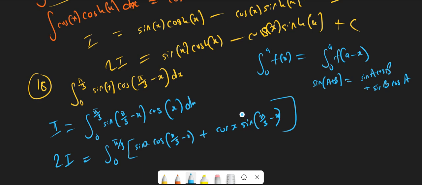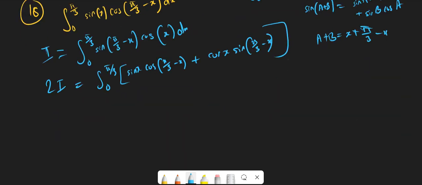If you take a to be x and b to be pi over 3 minus x, then a plus b is x plus pi over 3 minus x, which is going to be pi over 3.